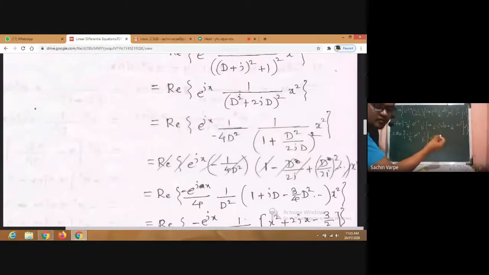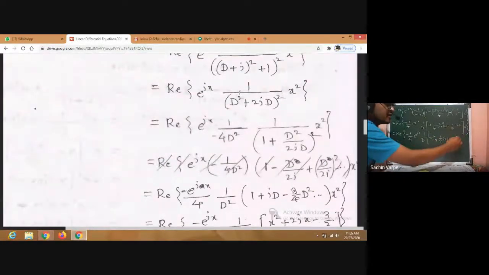What is d square of x square? I'm directly writing now. 1 by 4 into what is d square of x square? What is d of x square? 2x. What is d square of x square? It is 2, isn't it? Plus i into what is d of x square? It is 2x. Minus d square of x square, that is 2. Sorry, that is minus 2. That's it.